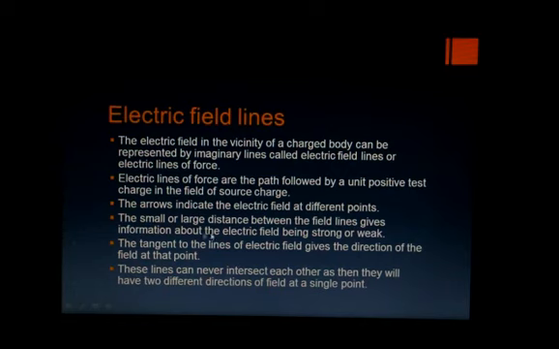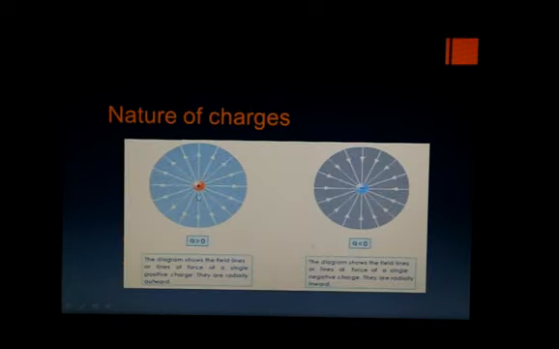The small or large distance between the field lines gives information about the electric field being strong or weak. You notice here the lines of force are very close. The closer the lines of force, the stronger the field. As we are moving away, the lines are moving away radially outward.